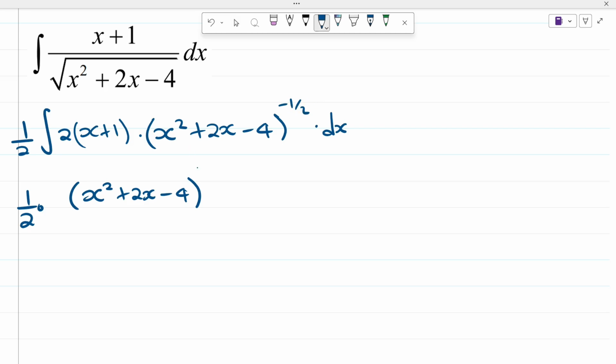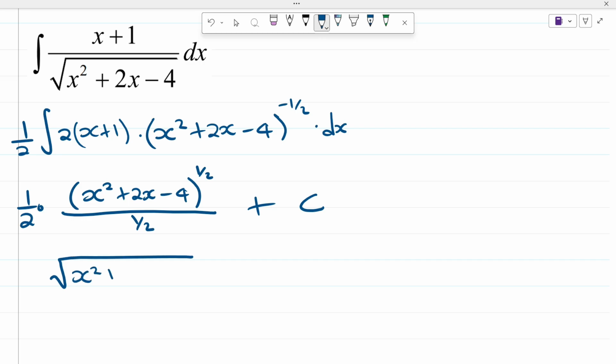That gives me positive 1 over 2 divided by 1 over 2, and then plus c. Then 1 over 2 multiplied by half, that's your positive 1, and then we change this positive exponent of half to a square root. So this is going to be the square root of x squared plus 2x minus 4 plus c. So this becomes your answer.